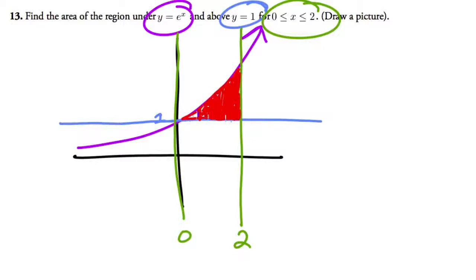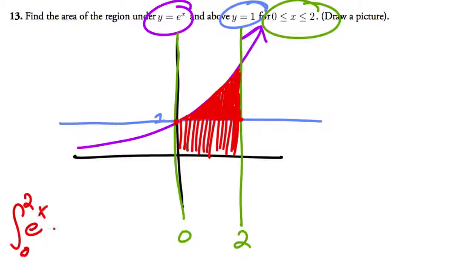Well, notice that if you find the integral from 0 to 2 of e to the x dx, that would give you the area underneath e to the x from the x-axis, right? So it would give you all of that. But then you don't want this area down here.